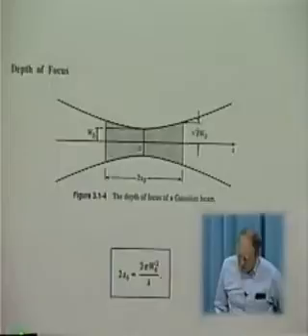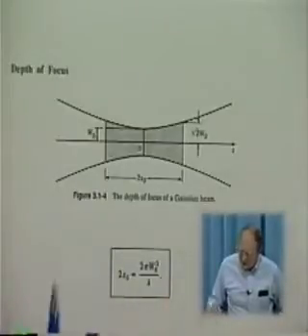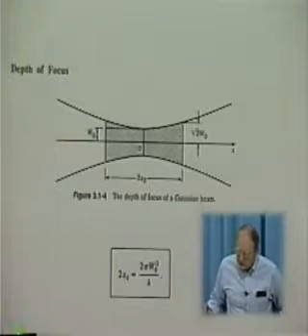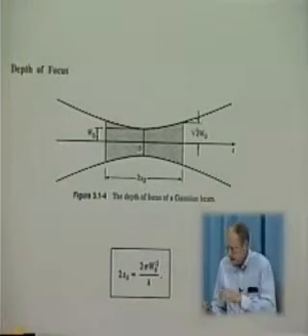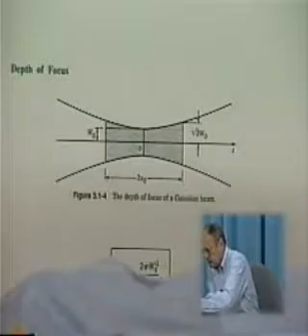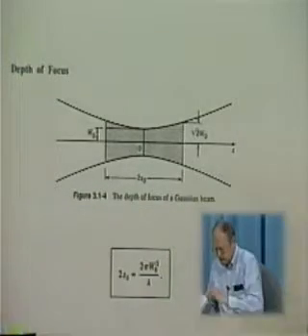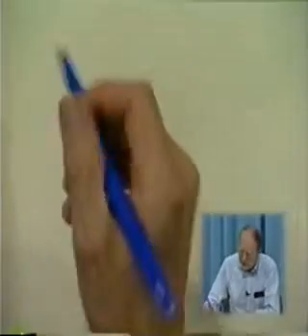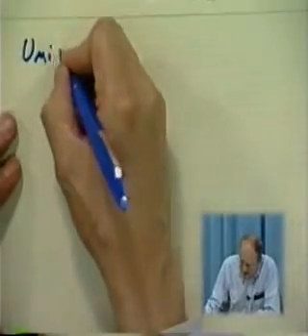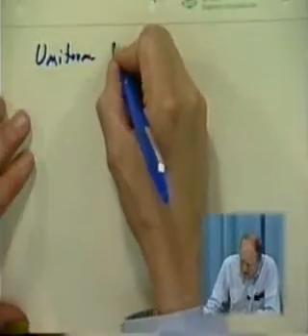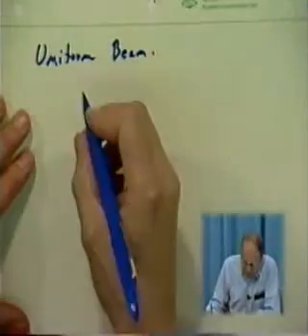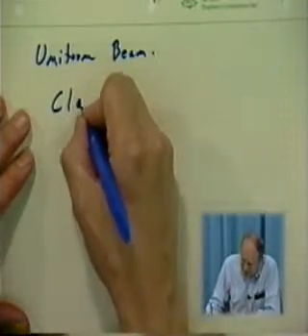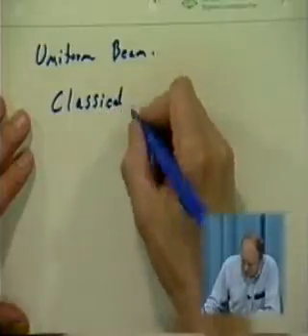Okay. So let's compare that again to what you would get for a normal uniform beam. What we want to find is what I'll call the classical depth of focus.